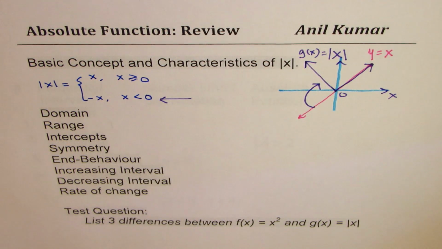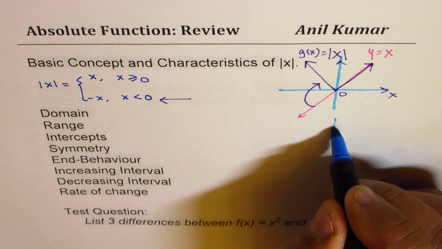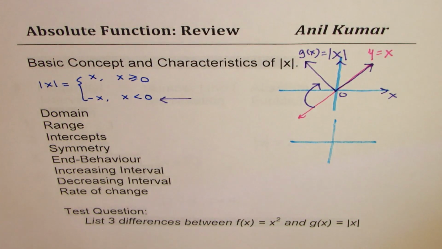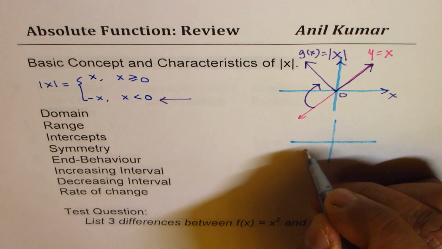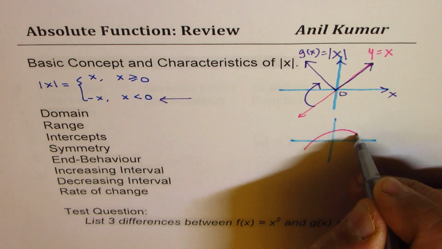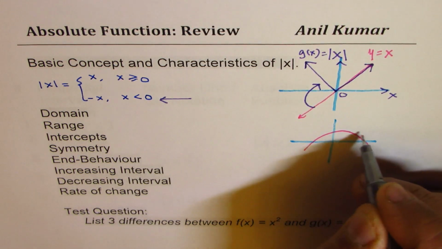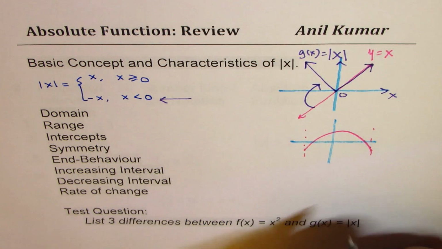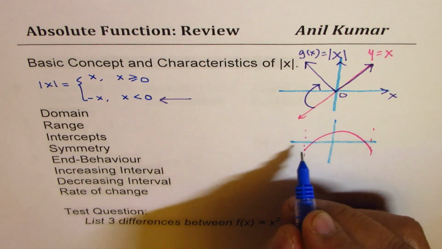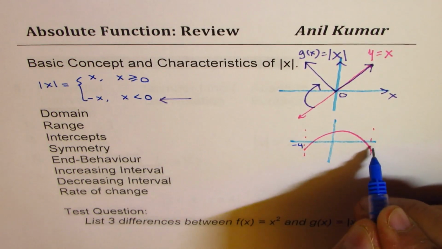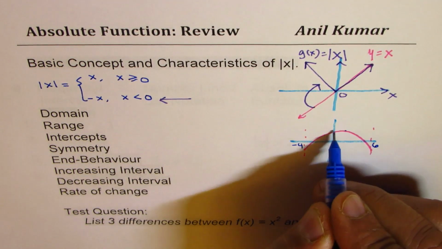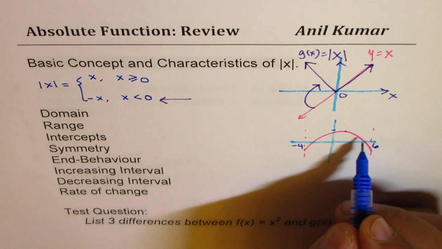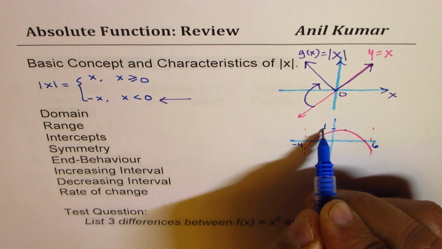To give you a question based on this, if I give you a semicircle kind of like this. Do you see this semicircle? Okay, which has been translated, let us say like this, where the points are, let's say this is minus 4 and this is 6, and the top here is, let us say, 1.